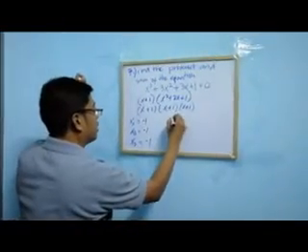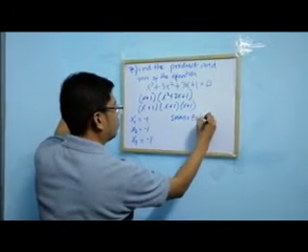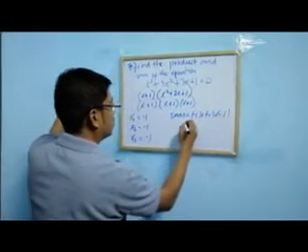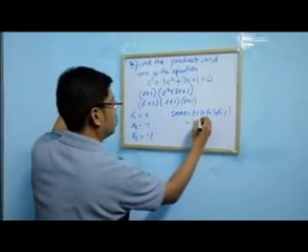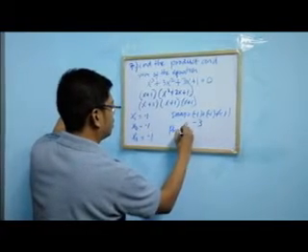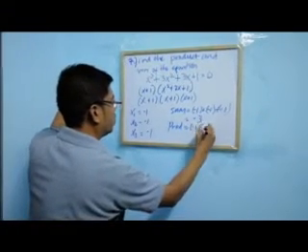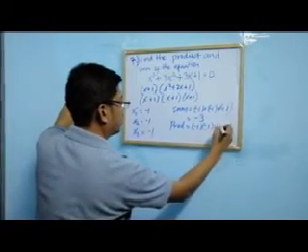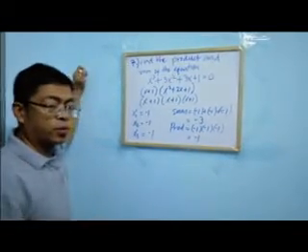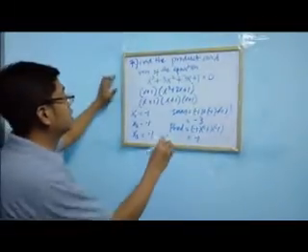To get the sum of the roots, negative 1 plus negative 1 plus negative 1 is negative 3. For the product, negative 1 times negative 1 times negative 1 is negative 1. So the answers are negative 3 and negative 1.